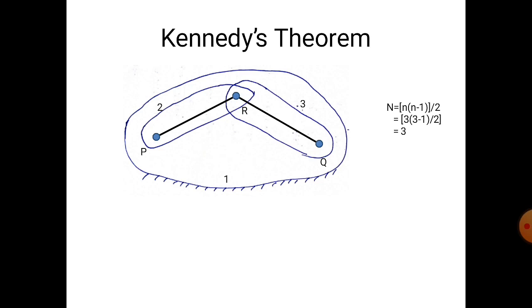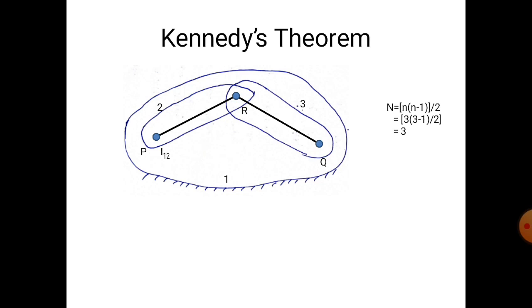To find the total number of I centers, here small n, that is the number of links or bodies, is 3. That's why the number of I centers will be 3. These I centers are I12, I23 and I13.